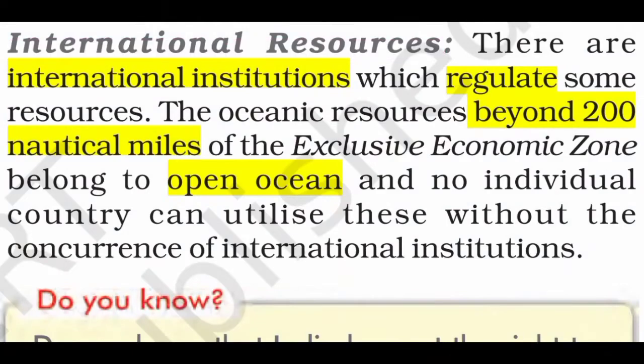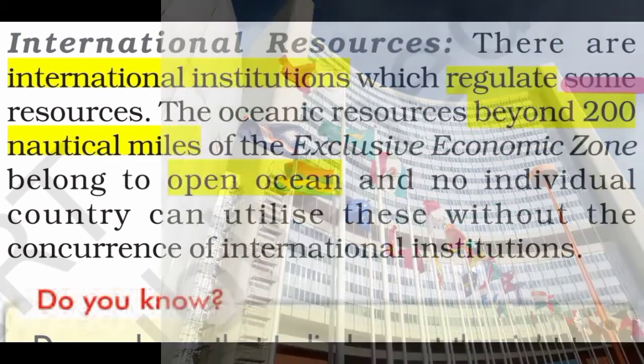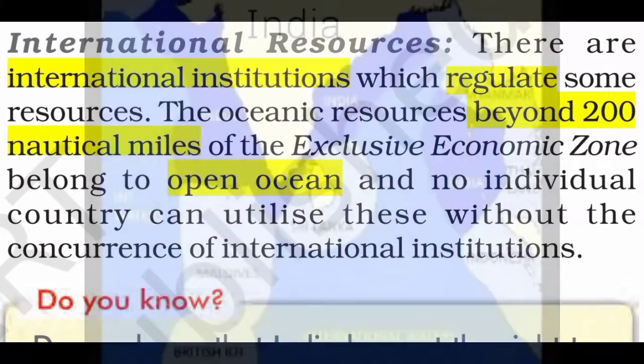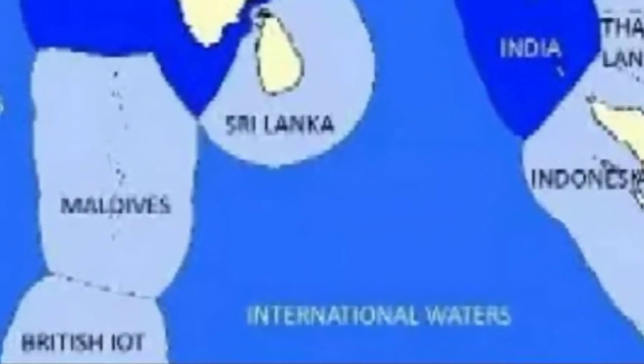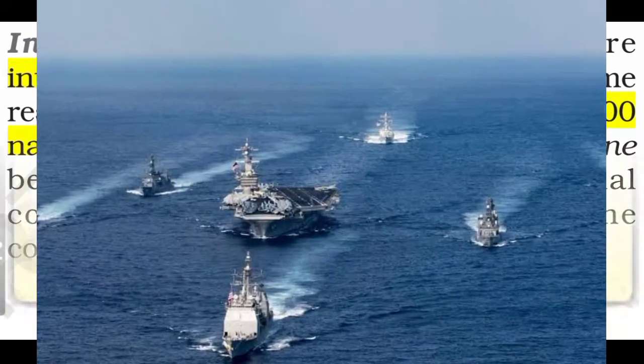International resources. There are international institutions which regulate some resources. The oceanic resources beyond 200 nautical miles of the exclusive economic zone belong to open ocean, and no individual country can utilize these without the concurrence of international institutions.